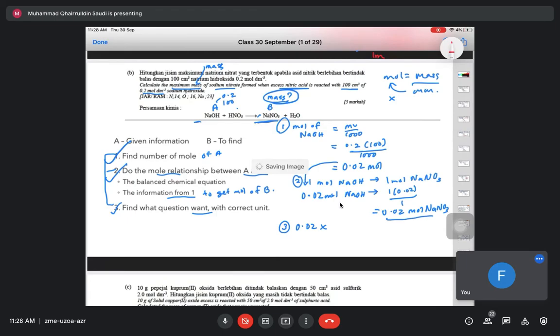Given there, guna sahaja. Kalau tak nak tulis kat sini, cari kat tepi. Molar mass of NaNO3. 23 plus 14 plus 3 times 16. Okay. Betul tak? 85 gram per mole.